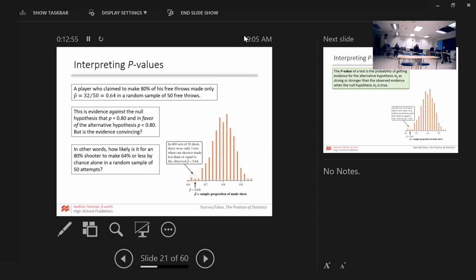But in this simulation, only 3 times did they shoot 64% or less. 1 time 64%, and then we also have to count what's to the left of that. So 3 out of 400 times. Make sense? If they really were an 80% foul shooter, the likelihood that they got 32 out of 50 by chance alone was 3 out of 400. Not good. Not likely.